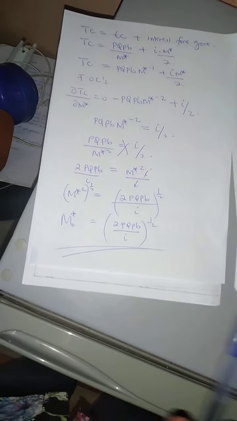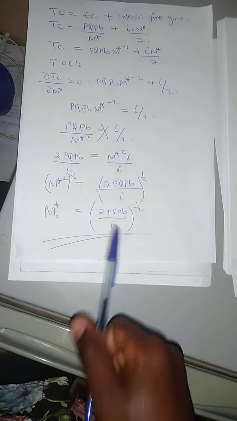Now, to get the Baumol-Tobin demand for real balances, we substitute this optimal M into the average money held during the month.